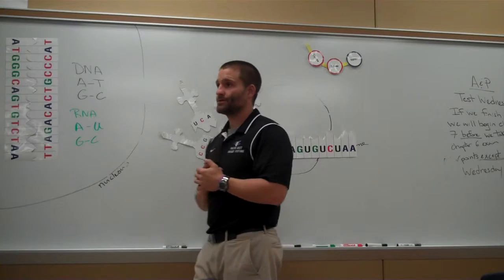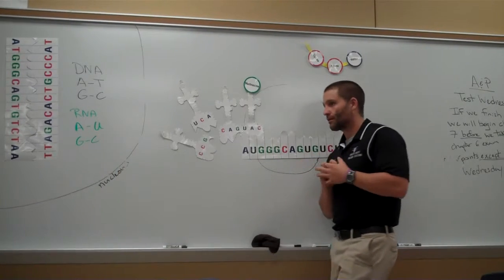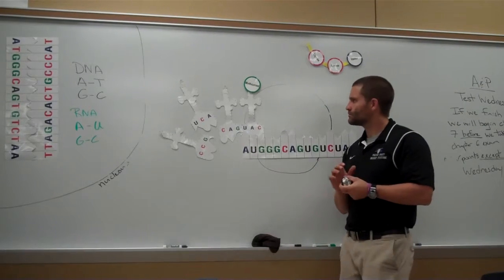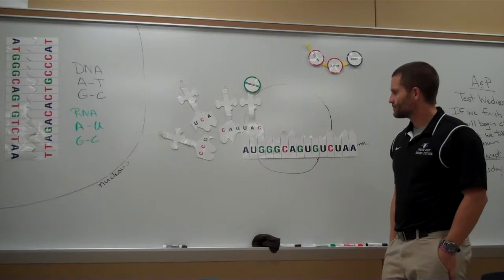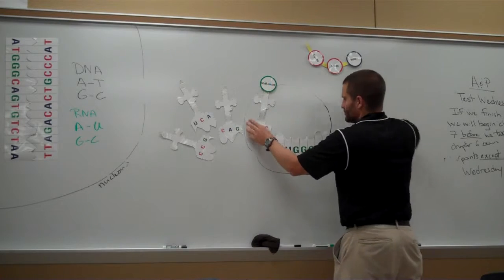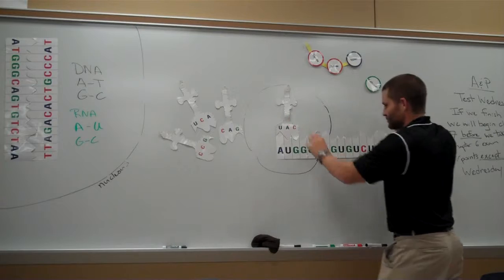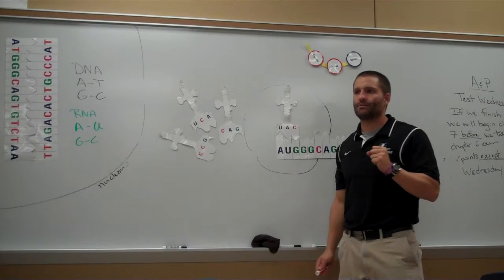I'll explain it. So you have a codon, you have an anticodon. The important thing to remember is 3 nitrogen bases on each of them.